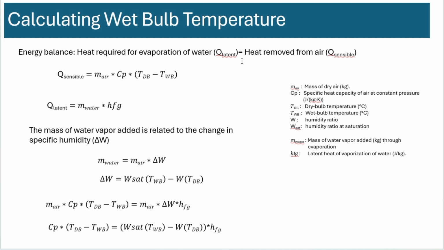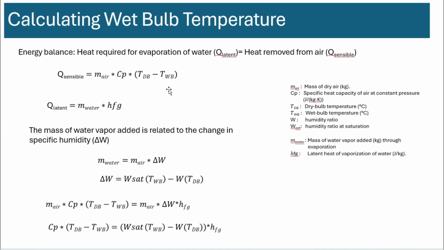If you remember in the class, we talked about the sling psychrometer where the water evaporates and reaches a really cold temperature where it stabilizes and then doesn't evaporate any further. So what happens is the latent heat of evaporation matches the sensible cooling, and at some point there is no further evaporation.